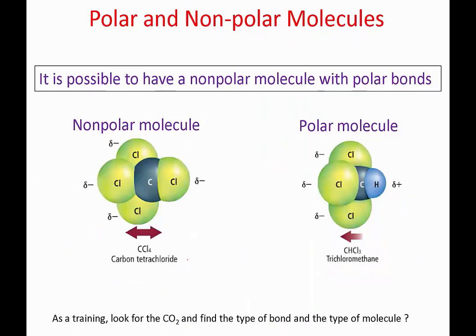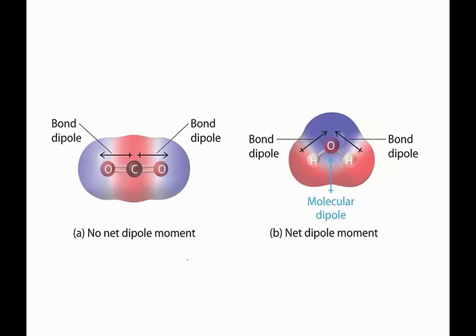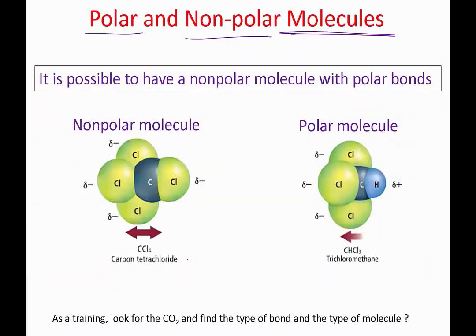Let's see the polarity of the molecule. Sometimes the molecule itself is polarized. It might be a polar or non-polar molecule. How is that? We said before there are dipoles, and these dipoles are vectors.